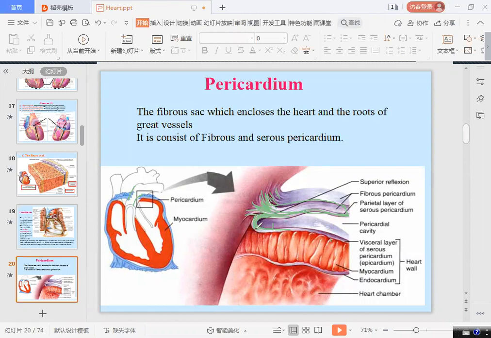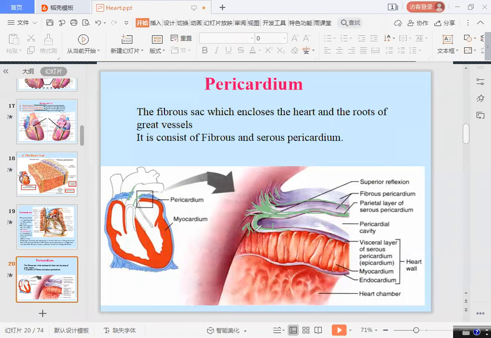The reflection is not completely attached with the great vessels, so you can even insert a finger here. In this reflection you can insert a finger, and that is what we call a pericardial sinus.